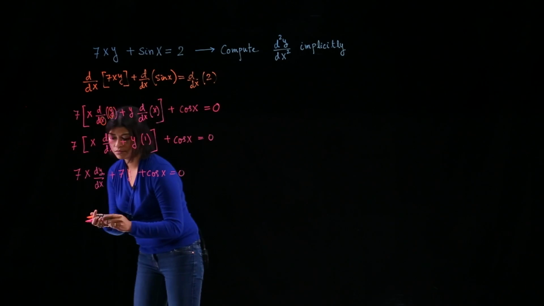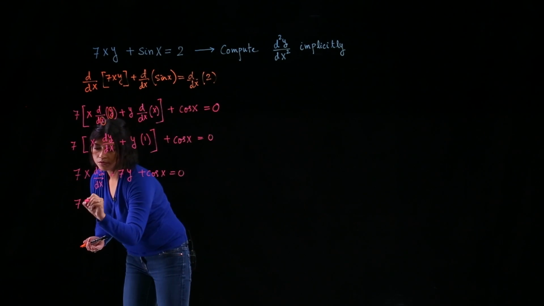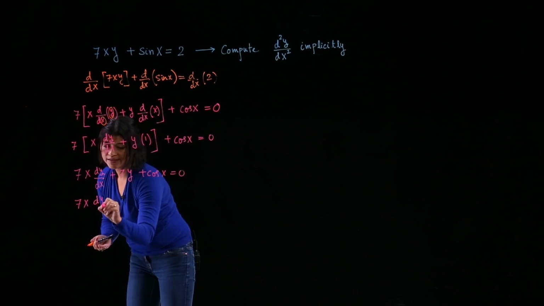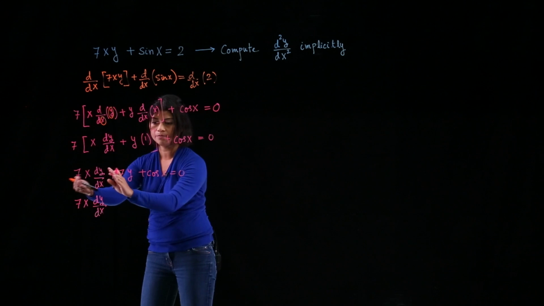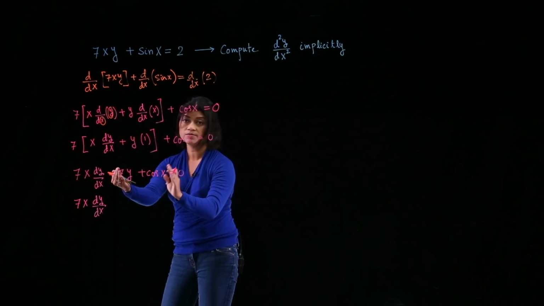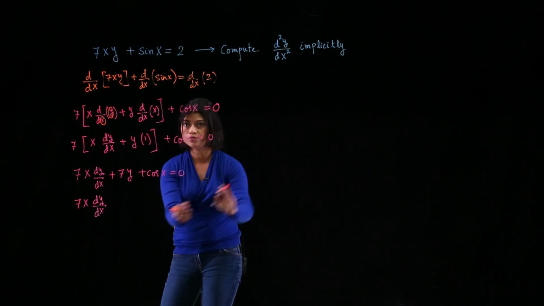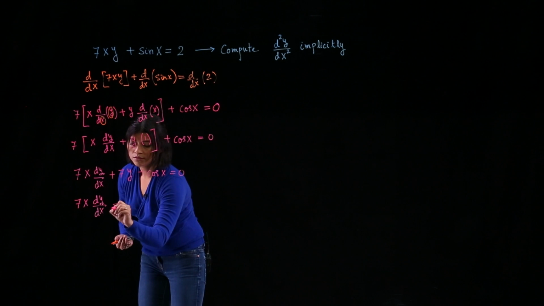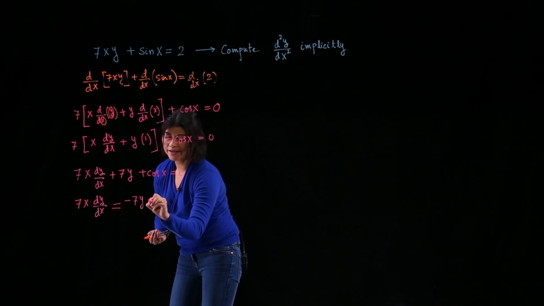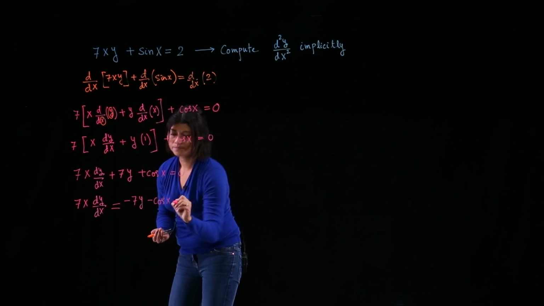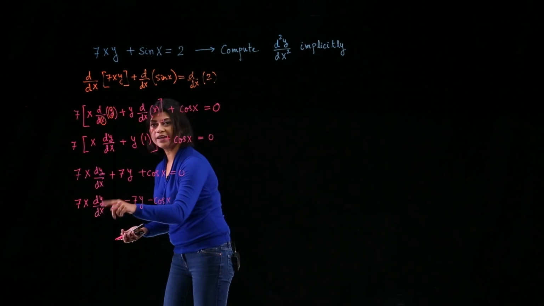Okay, so let's keep the term that has dy dx on the left side of the equation, which is the first term, and notice that the next two terms don't have any dy dx, so move them to the right side. And so you will have negative of 7y and negative cosine x. And then what is dy dx?